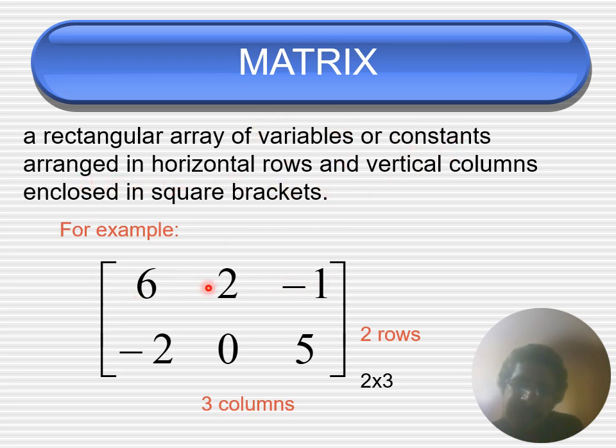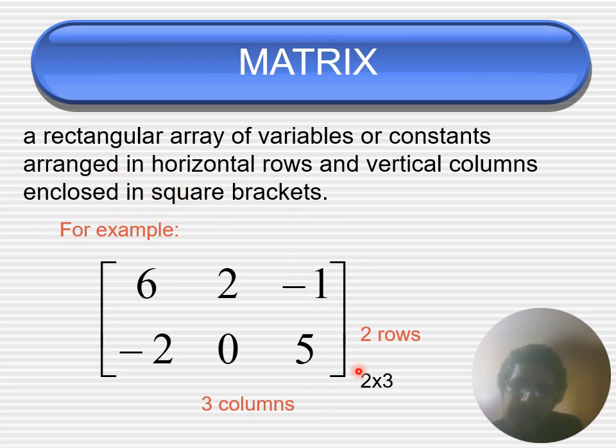In the first row is 6, 2, minus 1, so these constants are arranged in horizontal rows and vertical columns, like 6, minus 2, 2, 0, 2, 0, minus 1, 5, enclosed in square brackets.